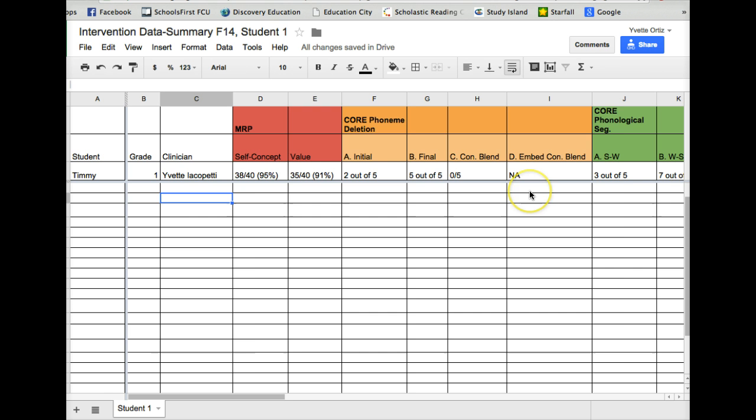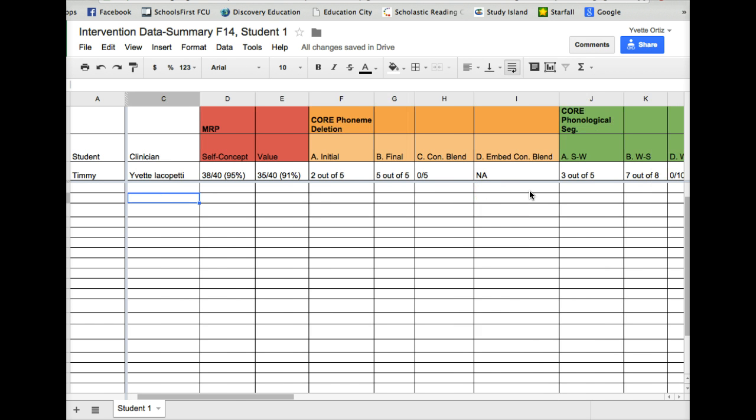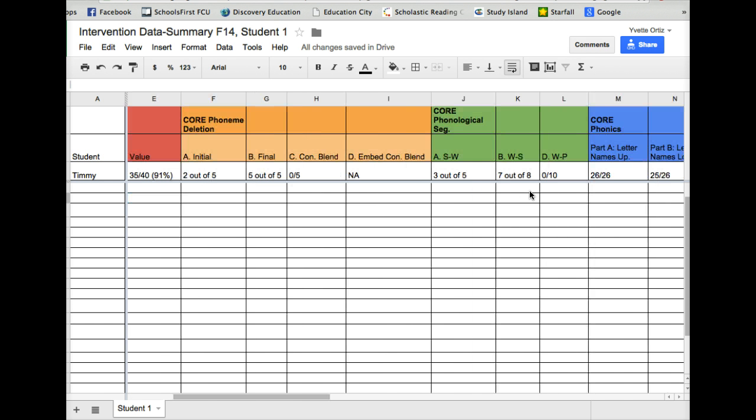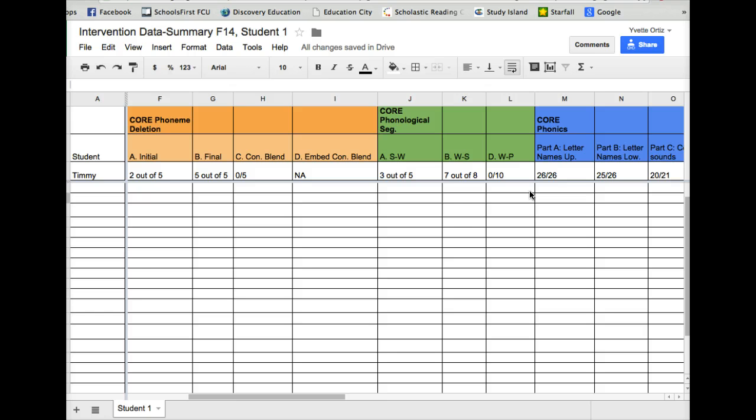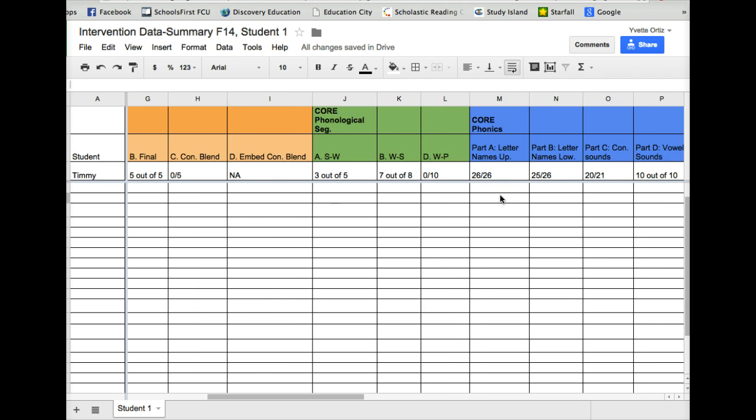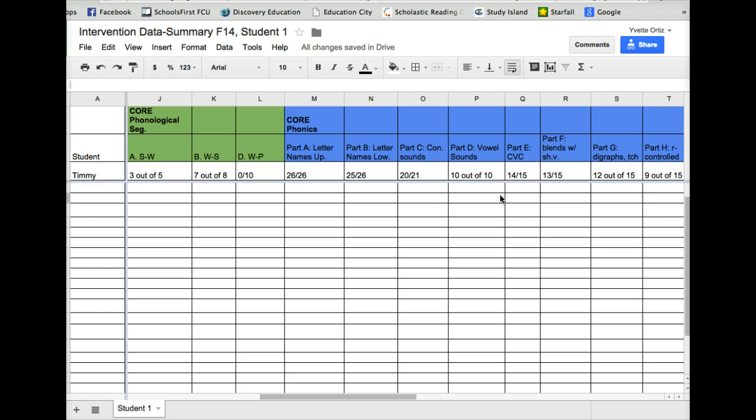how well they did. Moving over here, we have the core phonological assessment or segmentation test. Here these mean sentence to words, words to syllables, words to phonemes. Then we are going to input data for core phonics.